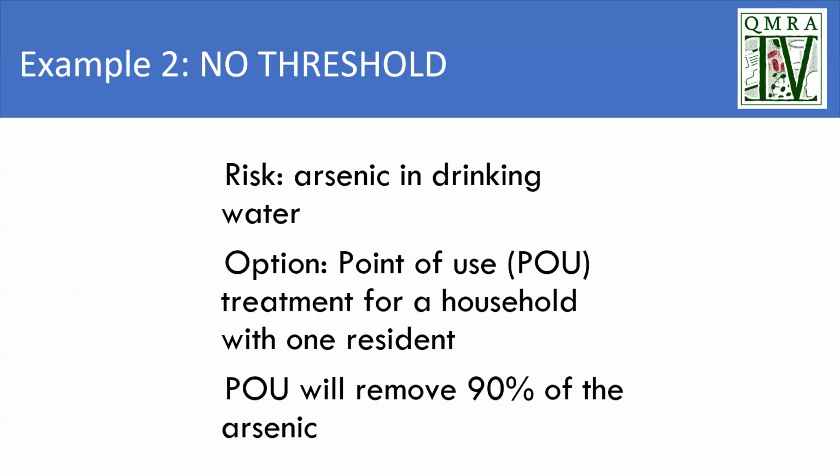And this just simplifies our calculations to one life. We know that this point of use device will remove 90% of the arsenic. And we can assume that its efficacy is equivalent to 90% because of this.